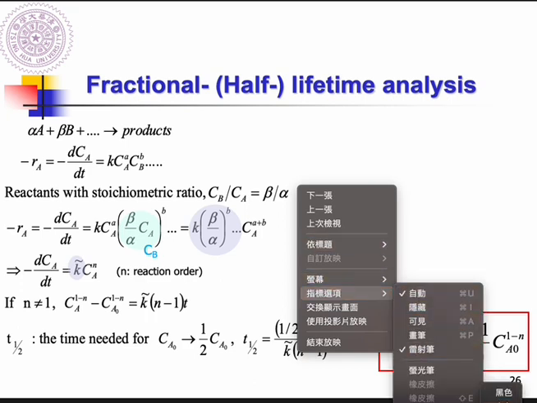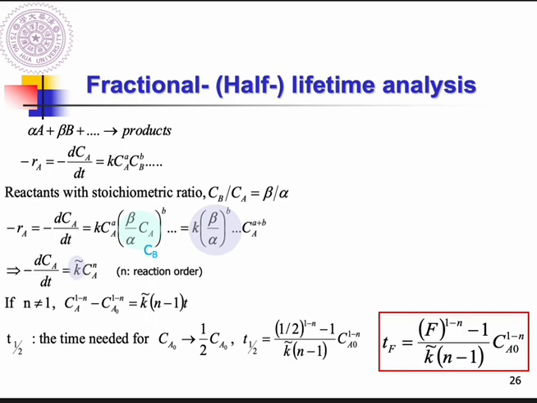So probably I can write here minus dCA over CA to the n equals K dt. You take the integral of both sides, starting from when t equals 0, CA is CA0, and when time moves to t, then CA equals CA.